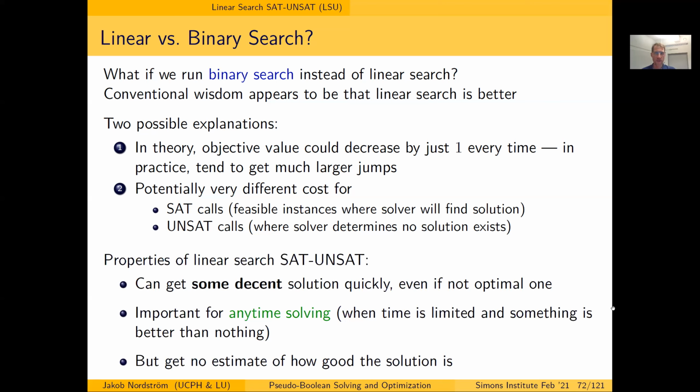Another nice property of linear search is that you get a solution fairly quickly. Even if it's not the optimal solution, even after the first time your solver returns, you have some solution. And then you work on improving it, but you have something. And this is important for what is sometimes referred to as anytime solving, which is a setup where you don't only solve for optimality, but time is also limited.